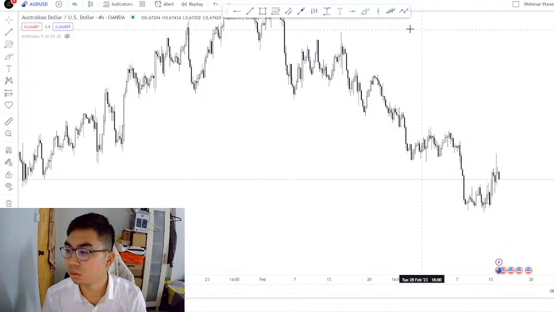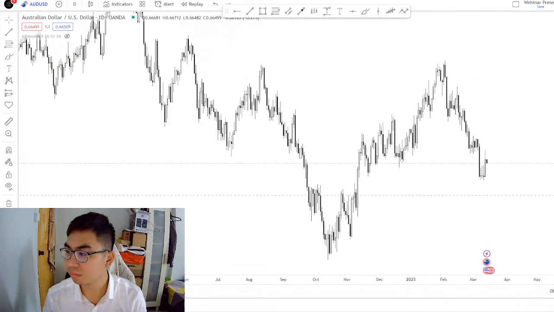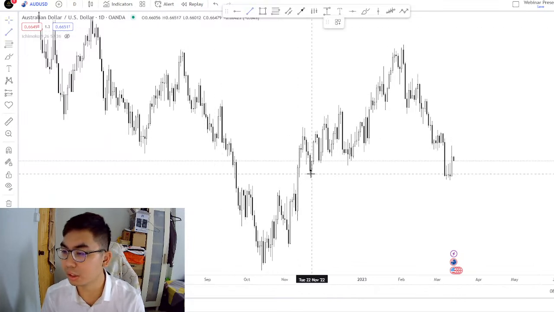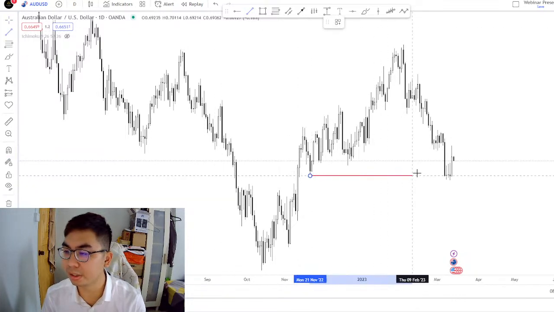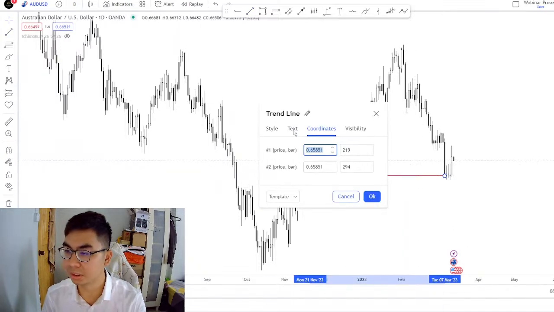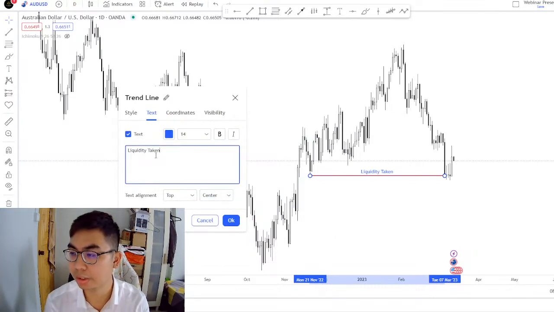Okay, so looking back at the Aussie dollar, let me get a daily bias first. Price recently cleared liquidity, took out liquidity right there. If I draw a line across, let me write it out: liquidity taken.